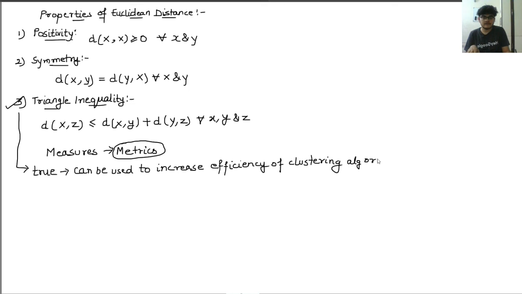So that's why these properties are necessary, because now we can actually tell what are the metrics, and we can also use this third property to increase the efficiency of clustering algorithms.